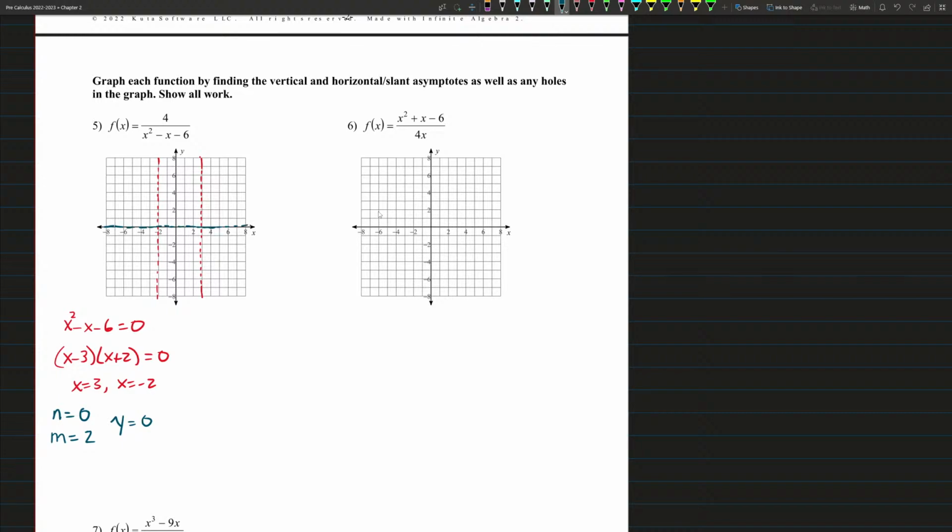Then we're going to test everywhere, and I would recommend testing the outsides first. So I'm going to test f of 3. When we do that, we get 4 over 9 minus 3 minus 6. I put that asymptote in the wrong place. It should be minus 3.